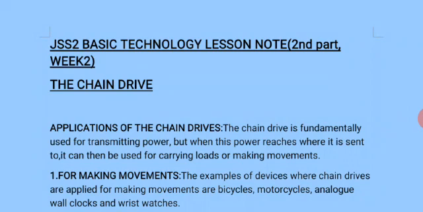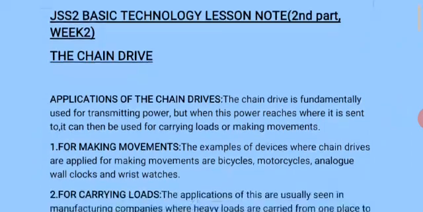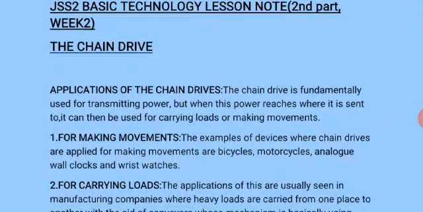And how does this happen? Number one, for making movement, the examples of devices where chain drives are applied to make movement are bicycles, motorcycles, analog wall clocks, and wristwatches.